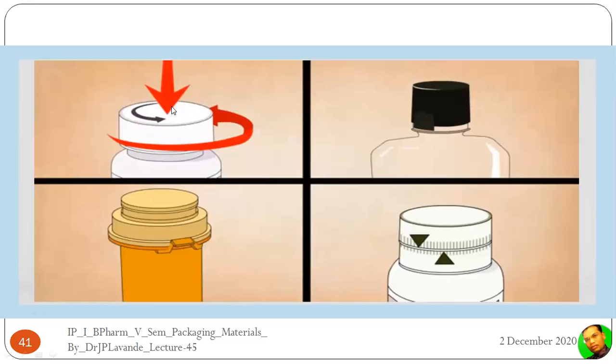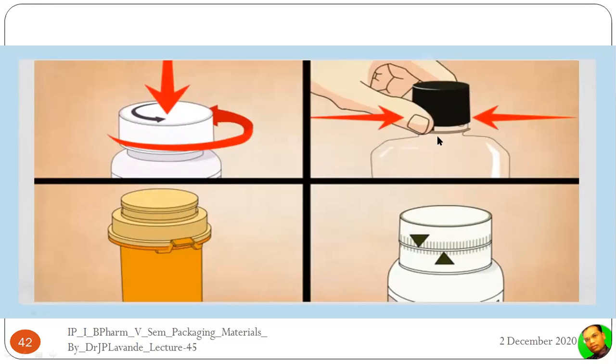Here you can see a particular kind of packaging. It is needed to press it from the top and then rotate it in the anti-clockwise direction.